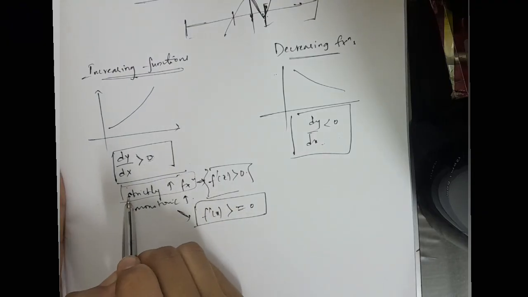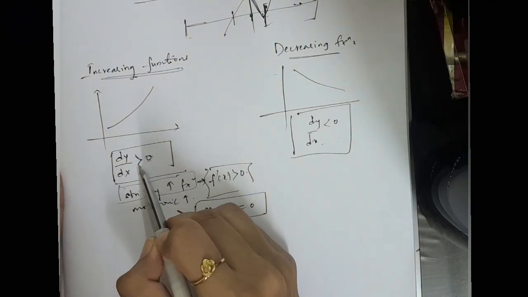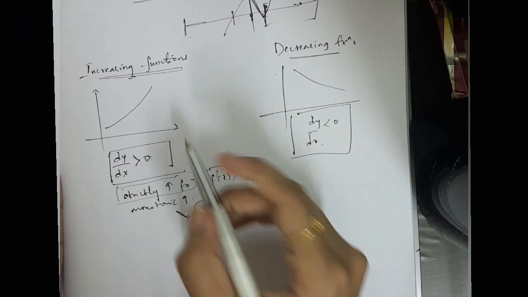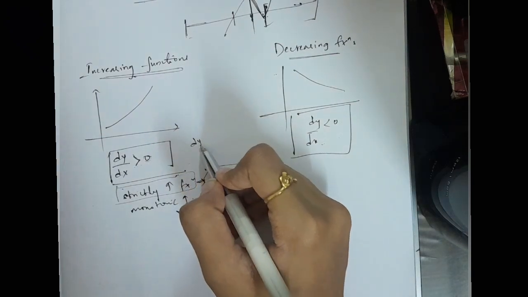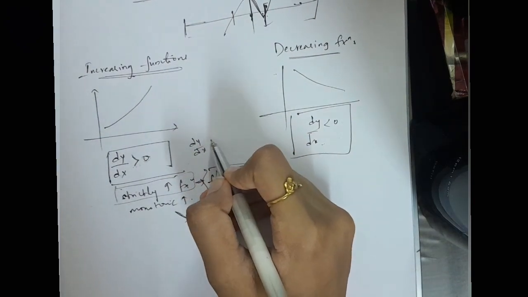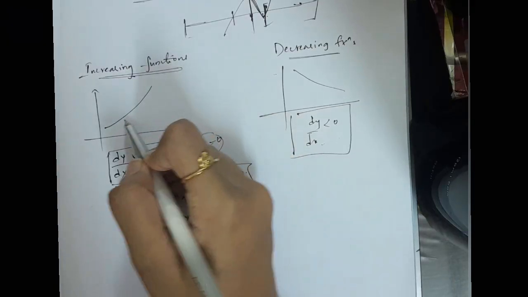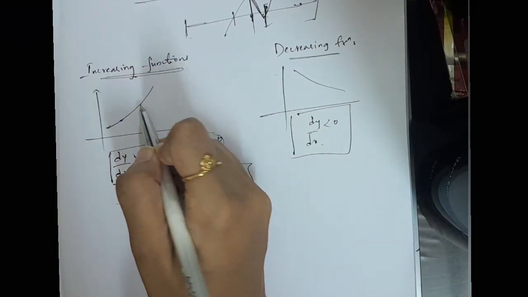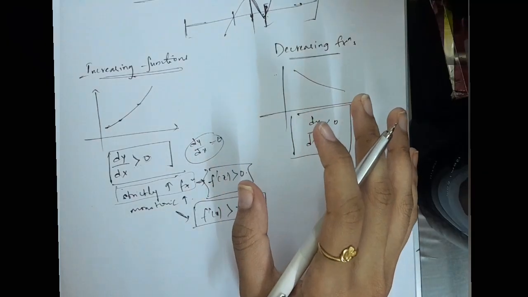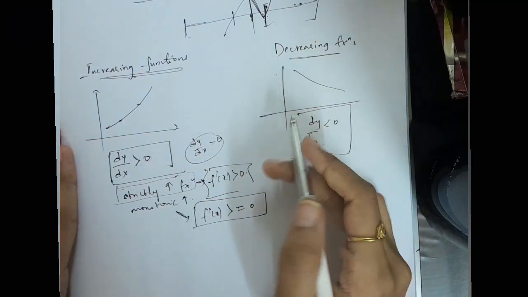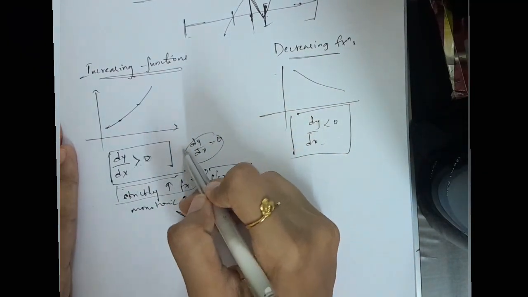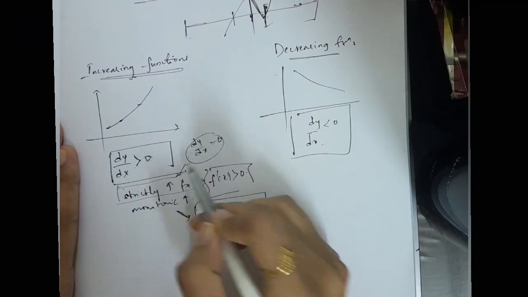For a strictly increasing function, the slope always needs to be positive, and if the slope is 0 at discrete points, let's say just at some points, very few, far apart, even then you can say that the function is strictly increasing.